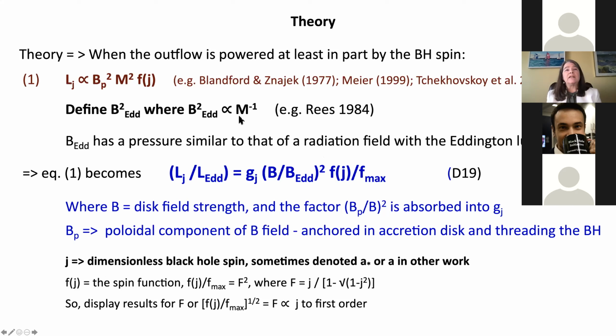And it scales as the black hole mass to the -1 power. B sub ed squared scales as mass to the -1 power.